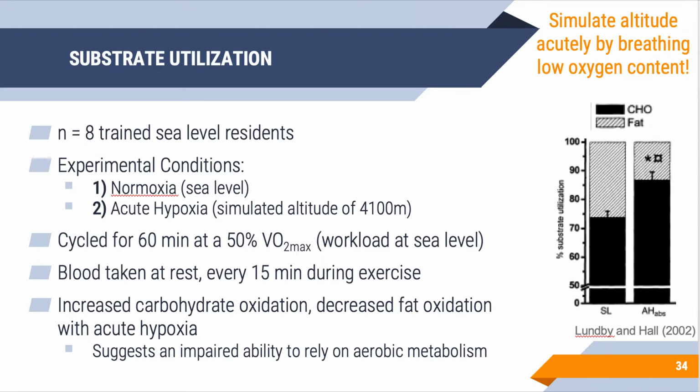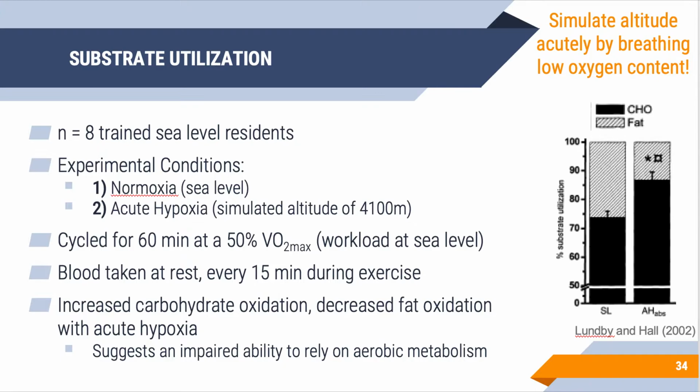What they did was they cycled for 60 minutes at 50% VO2 max. This workload was determined at sea level VO2 max test. And really what we see here, and what I want you to know, is that they simulated altitude by breathing a low oxygen content. This is used by something called a Douglas bag.